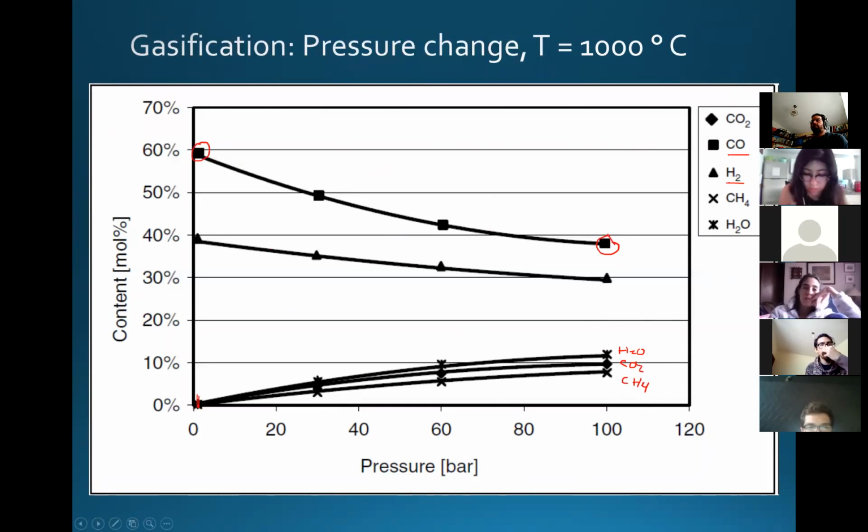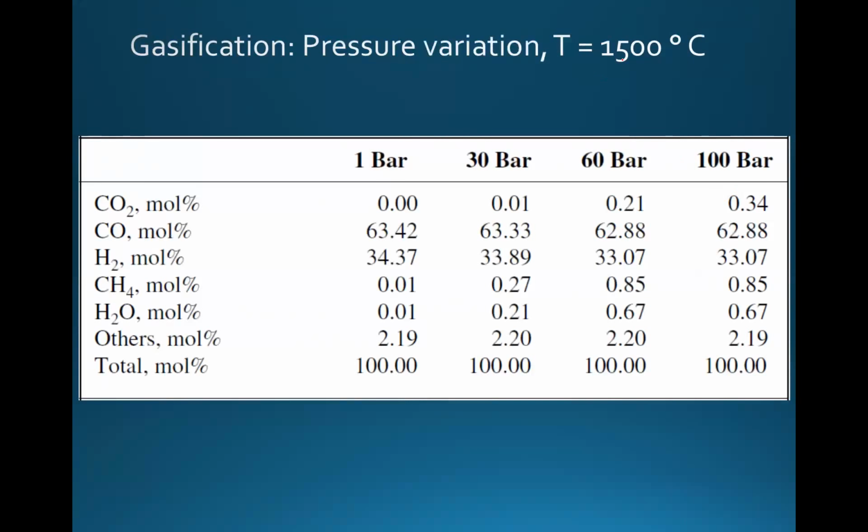Okay, so another comparison, in this case using 1500 Celsius. Again, we have different pressures, and we see again that if we have low pressure, we have high amounts of carbon monoxide and hydrogen, and low concentrations of all others.